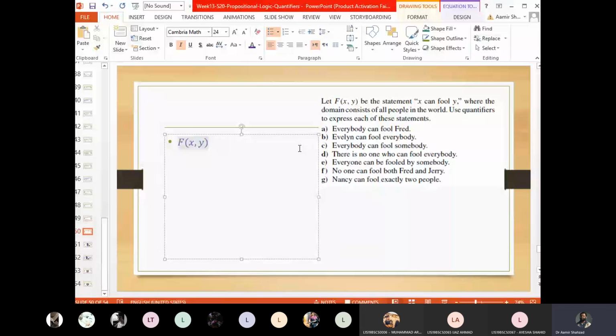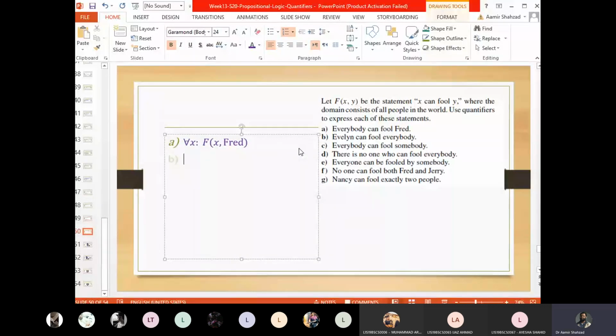So for all x, such that everybody can fool y. Instead of y, we just write Fred. So everybody can fool Fred, like this: for all x, F of x and Fred. So it becomes like this.